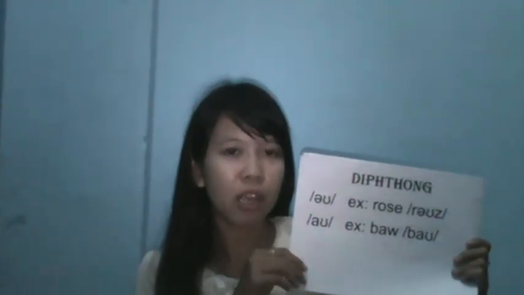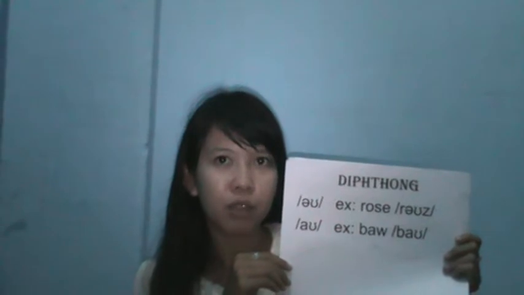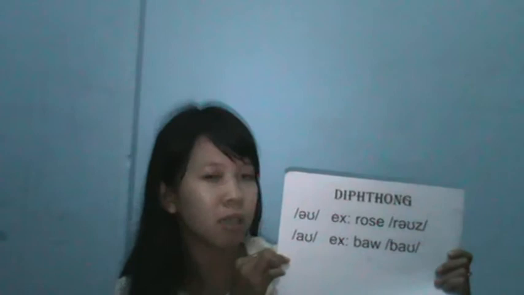Now we are going to the third of phonology. It is diphthong. Diphthong is a union of vowels. The first diphthong is the o sound. For example, rose. And then the ow sound. For example, bow.